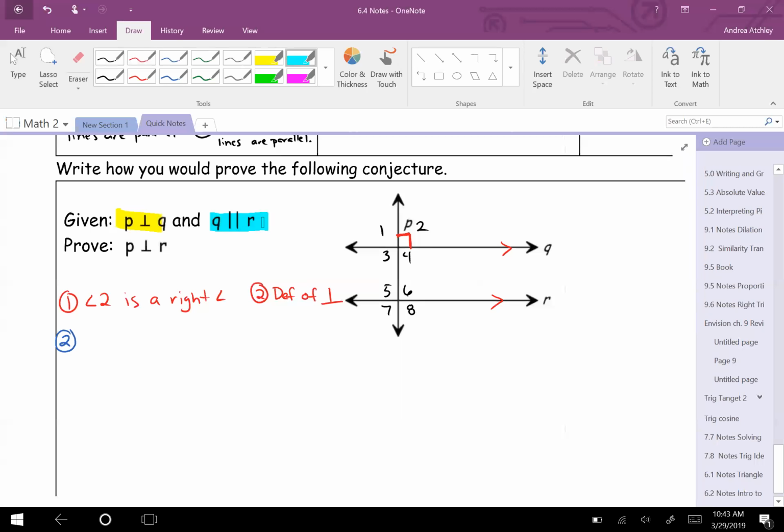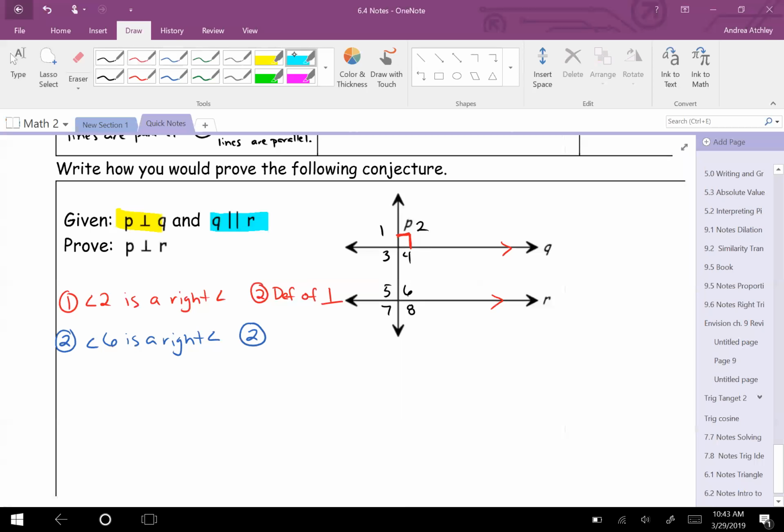Okay. There's more than one, so you can name another one. If you didn't see 6, you might have seen a different one. But I can say that angle 6 is a right angle as well, because 2 and 6 are congruent.